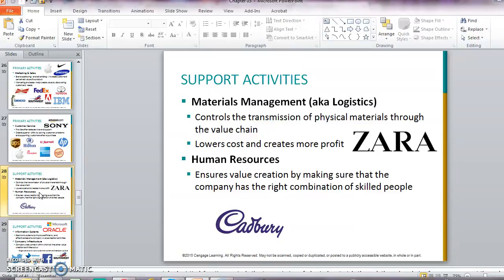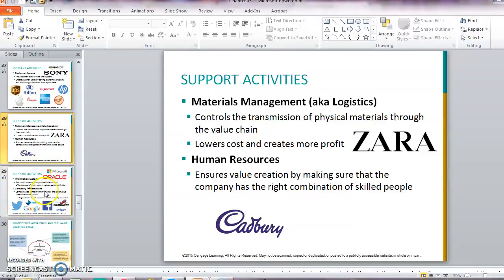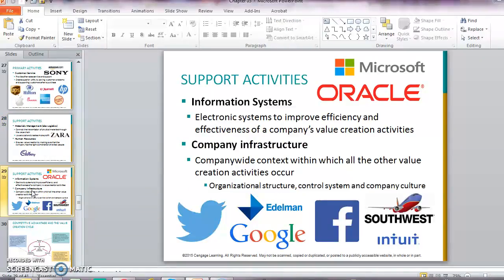Human resources. In our industry in particular, we talk a lot about the importance of making the right hires so that delivering that customer responsiveness that is such a competitive advantage in hospitality, it all depends on human resources. So the value chain is enhanced by human resources.